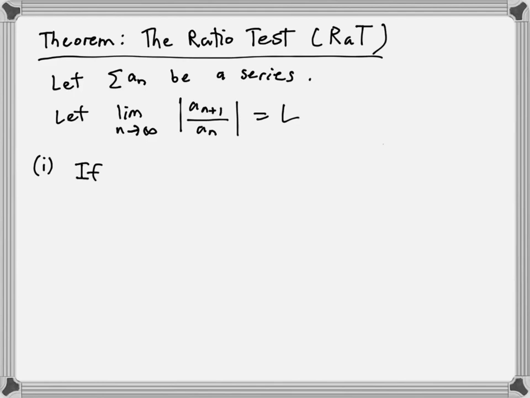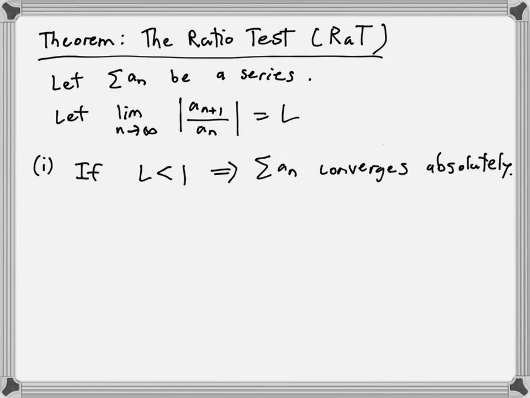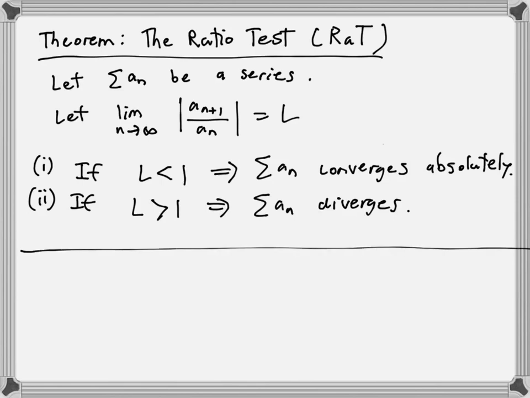These are the cases. If L is less than 1, then a_n converges absolutely. And if L is greater than 1, then this guy diverges. That is all the theorem says, and you'll notice that there's no mention of what happens when L equals 1, so do not make up your own rules.